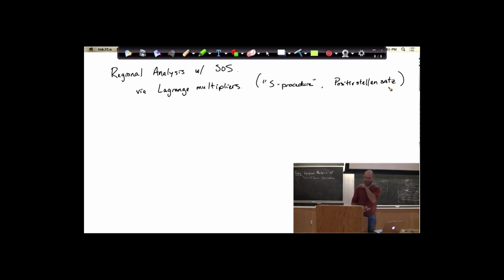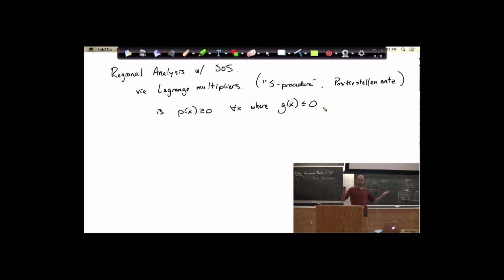All right, so the idea is if I want to ask, is P of x greater than or equal to 0 for all x where, let's say, g of x, some other polynomial, is less than or equal to 0.